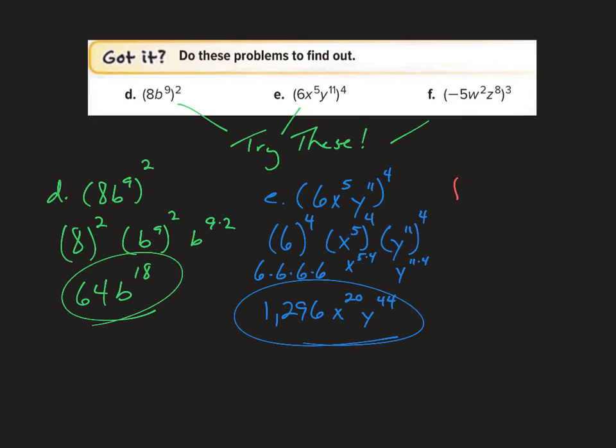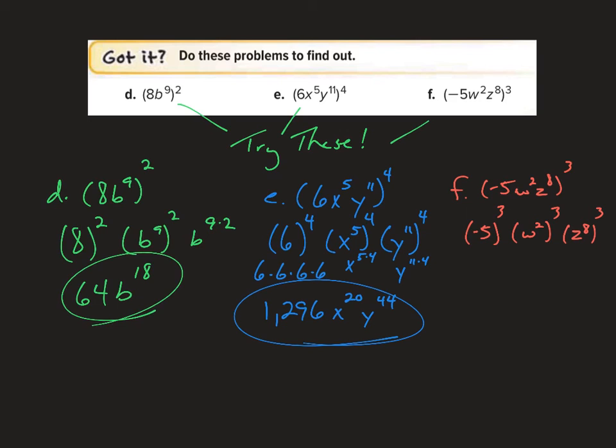And then finally F, we've got negative 5w squared, z to the 8th, all to the 3rd power. So we would take negative 5 to the third, w squared to the third, and then z to the 8th to the third.